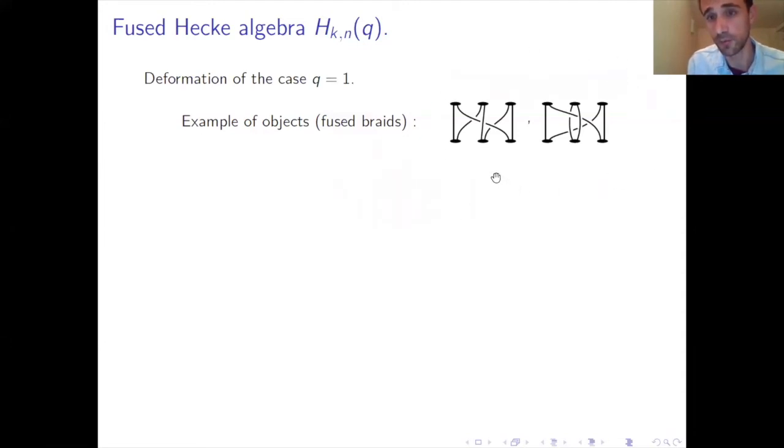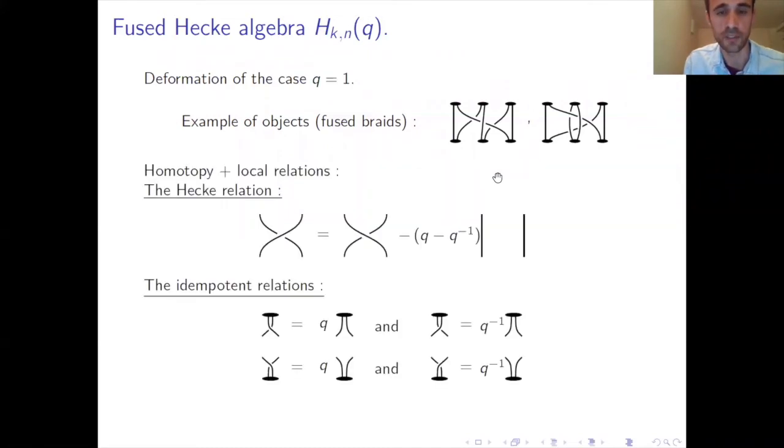So we have to impose some relations. So first, of course, as for usual braids, everything is considered up to isotopy of the strands. And we have some local relations. The first one is not very surprising. We impose the Hecke relation for each crossing.